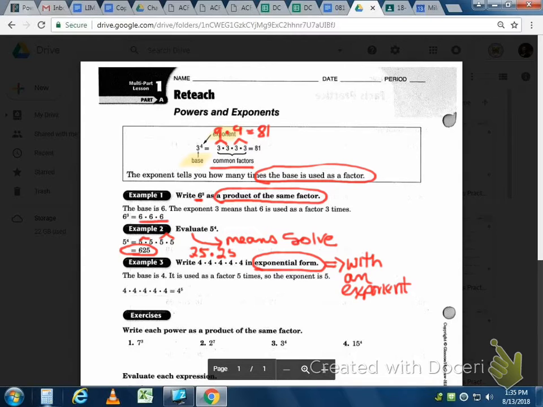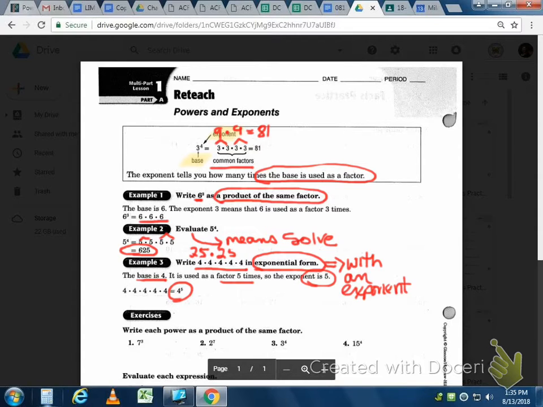The base is 4, and it's written as a factor 5 times. When the factor is written 5 times, that's going to be your exponent. So you would write 4 to the 5th power.